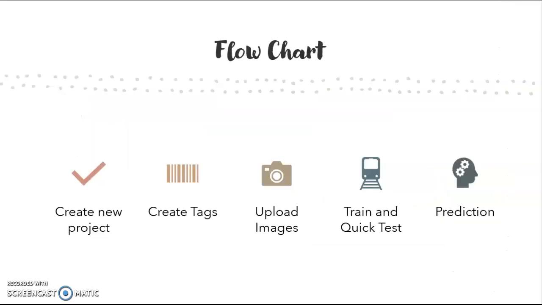Now for the assignment, I have done the following process. First, I have created a new project in Custom Vision. After I created the project, I uploaded images, and to recognize the images, I created tags. I tagged the uploaded images with those tags, and then I clicked on the train button, which gives me the performance of my images.